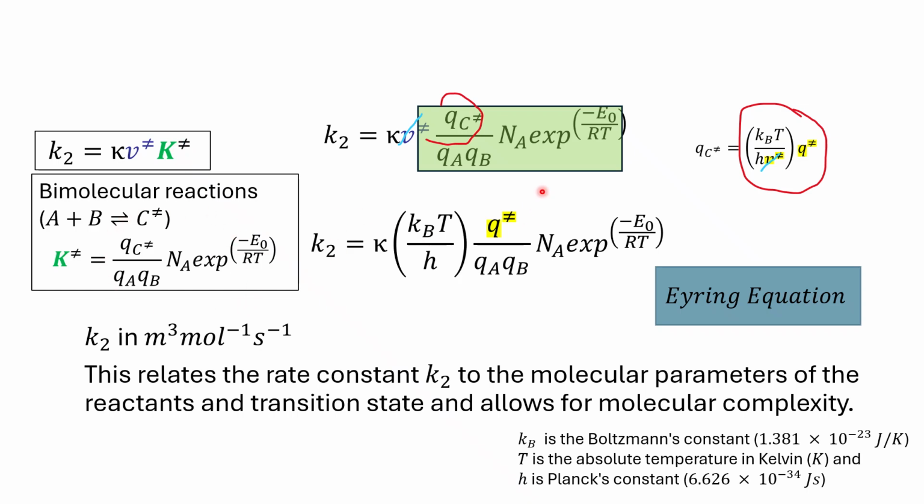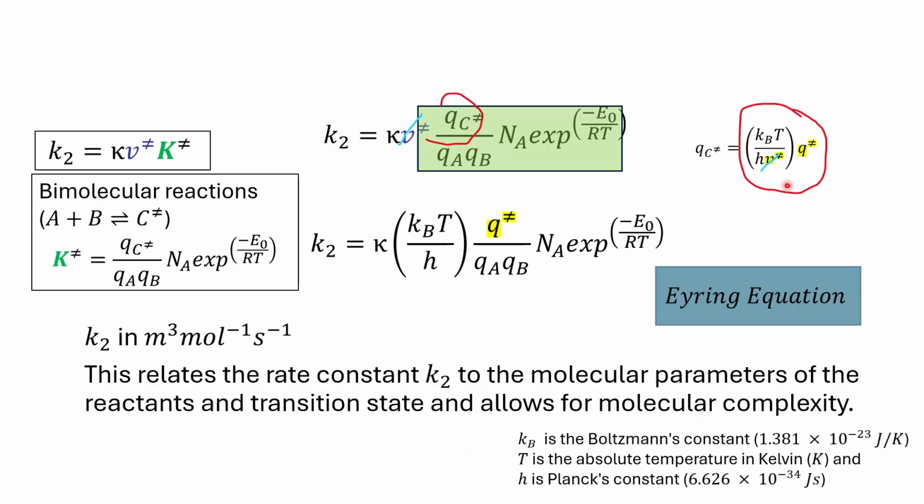So we substitute it into the equation in this green box, and then the equilibrium constant for the activated complex has the partition functions for the activated complex, which can be substituted by the expressions that we have seen just now.